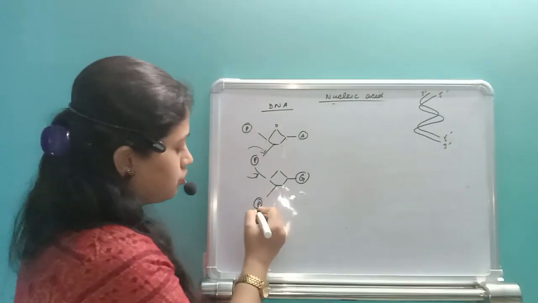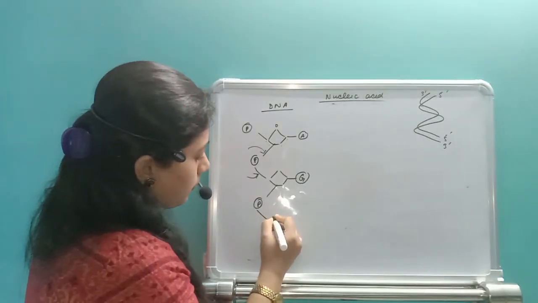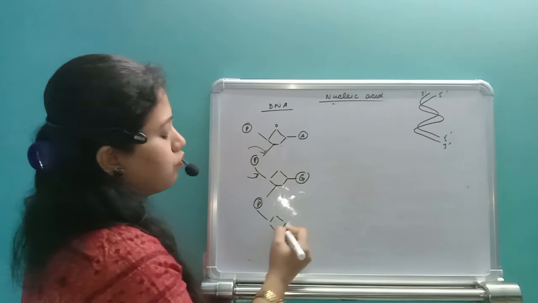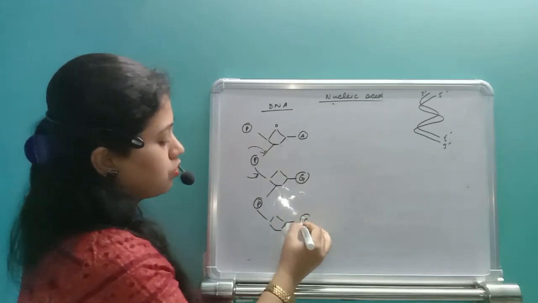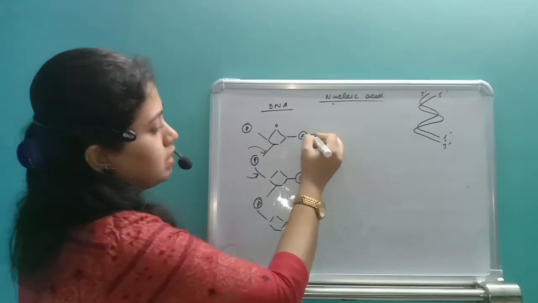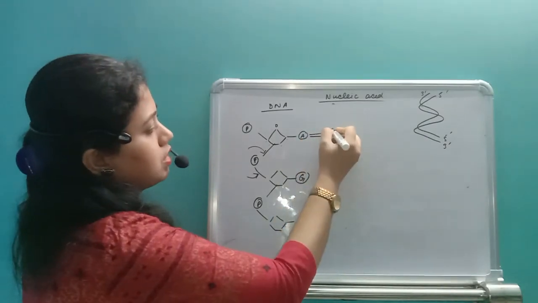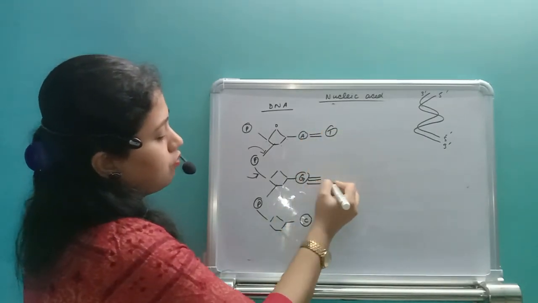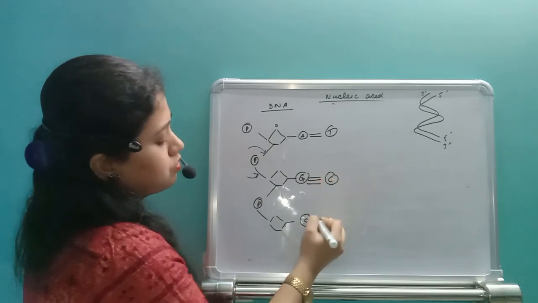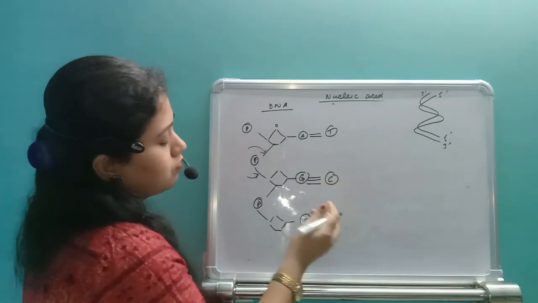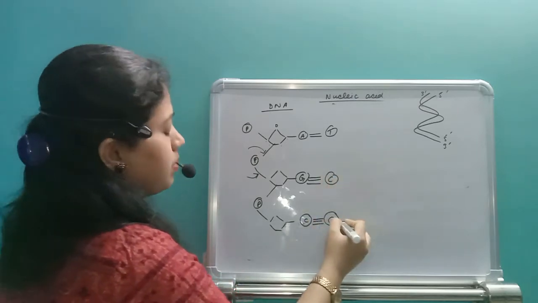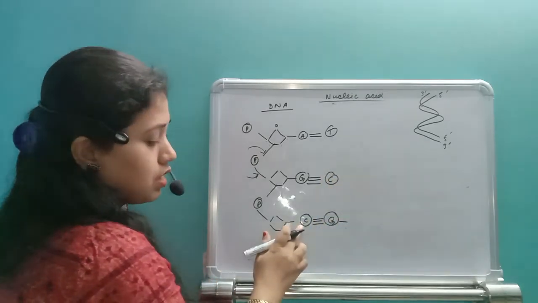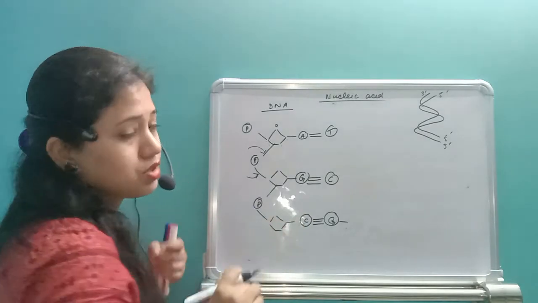So this way the bond formation occurs. Now with adenine we are going to have a double bond with thymine, and with guanine we have a triple bond with cytosine. So the structure will be, see, this nitrogenous base is attached to the first carbon atom.